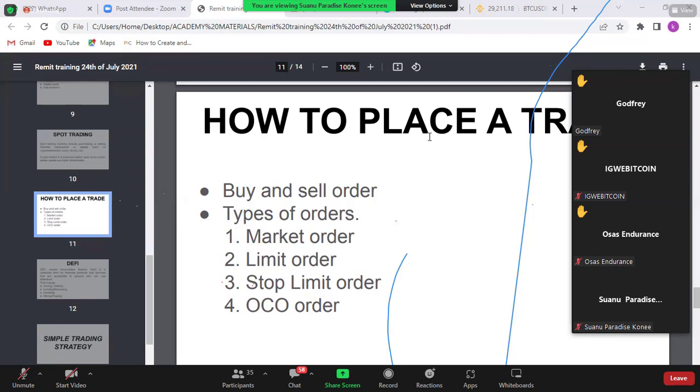Now, remember, we already know the categorization of Binance and Trust Wallet, right? Trust Wallet is a software wallet. Binance is a centralized exchange. And remember, a centralized exchange has a central office, and they have your details. That is to say, you are not in complete control of a centralized exchange.